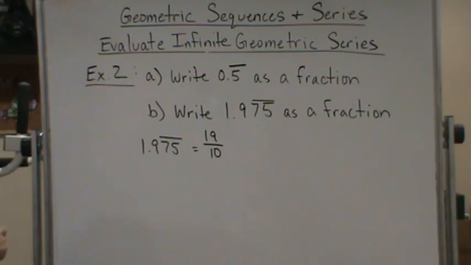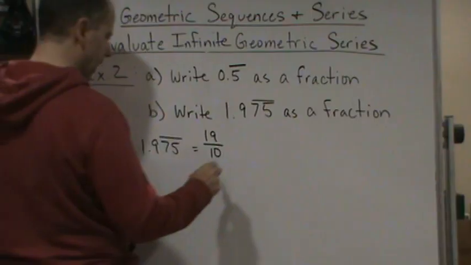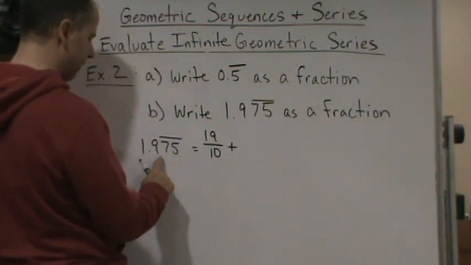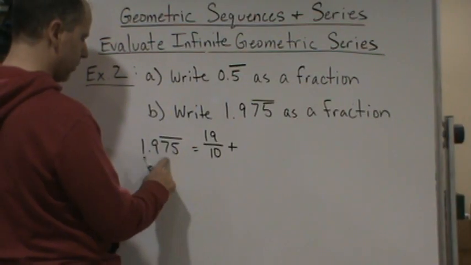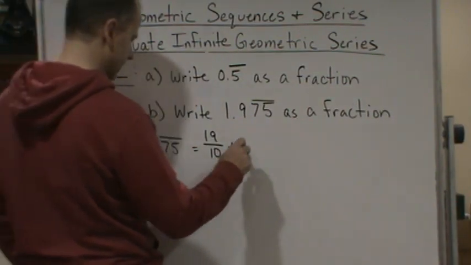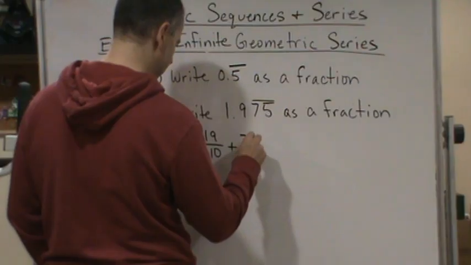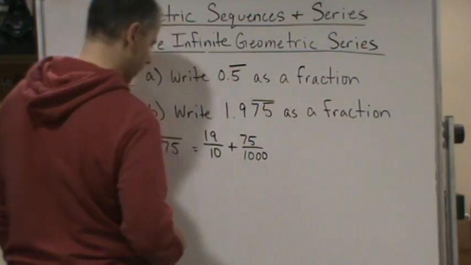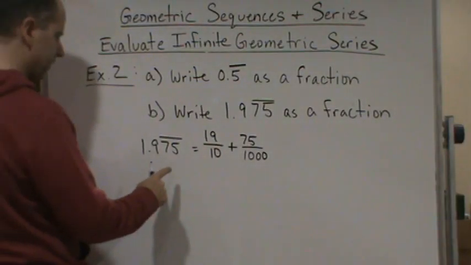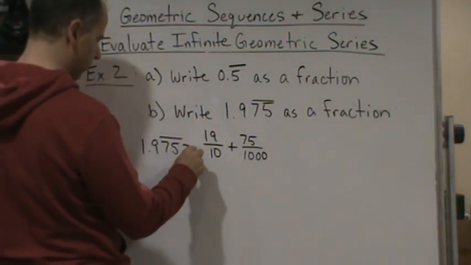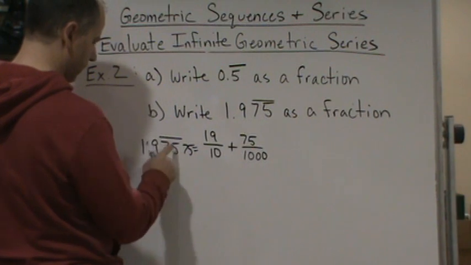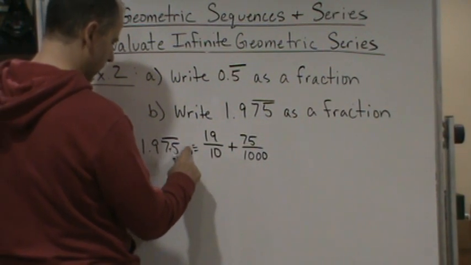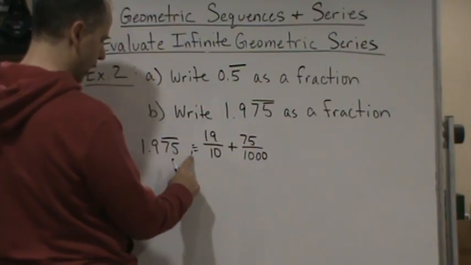Okay? And then add the 75, now this is going to be 75 what? 75 thousandths, because the 5 is in the thousandths place. So it's going to be 75 thousandths, right? And then the next 75 is going to be here, right? It just keeps going on and on and on. The next 75 is going to be in the hundred thousandths, right?